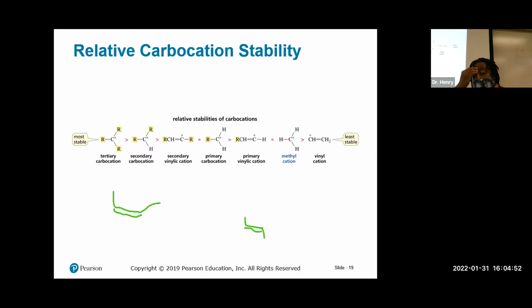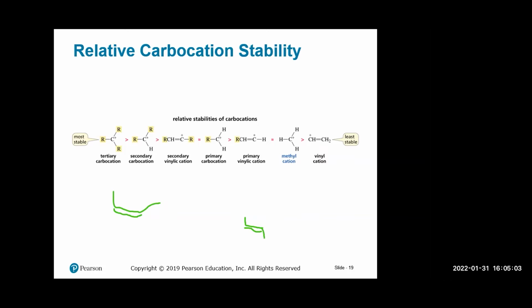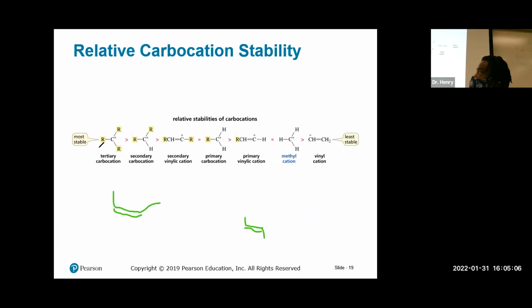Okay. So you guys remember relative carbocation stability from last chapter? Yes. Okay. So if we have a carbon attached to three carbons, with the cation in the middle, this guy is going to be our most stable, compared to where we have two carbons, a carbon in the middle, and a hydrogen on the side, right?